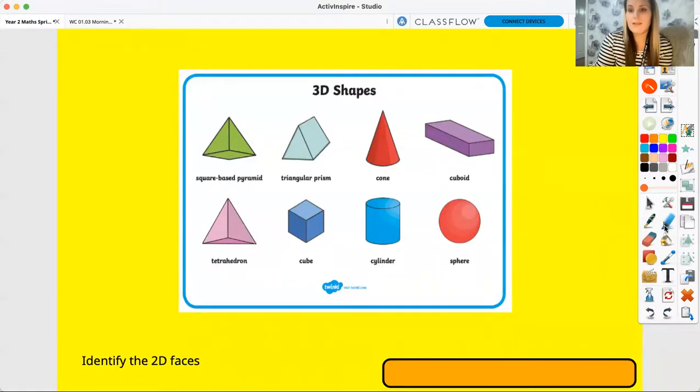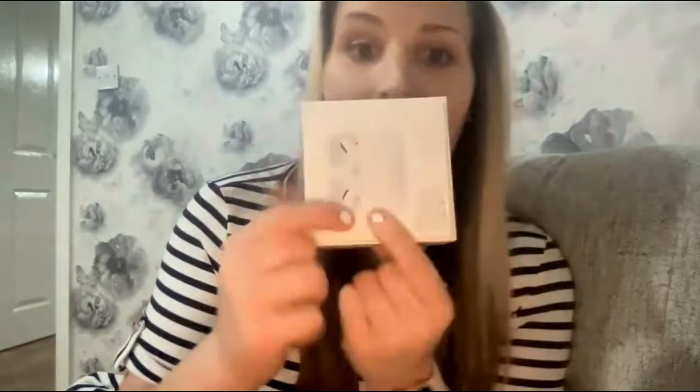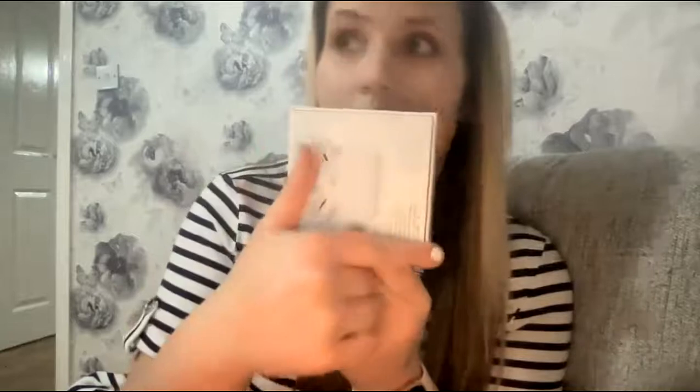So let's look at what kind of faces they have. Like I said, this has a squared face and a rectangular face. I might just make that a bit bigger so that you can see for a second. Rectangular face, because it's like a rectangle, and a squared face that is of equal length on the sides, okay?